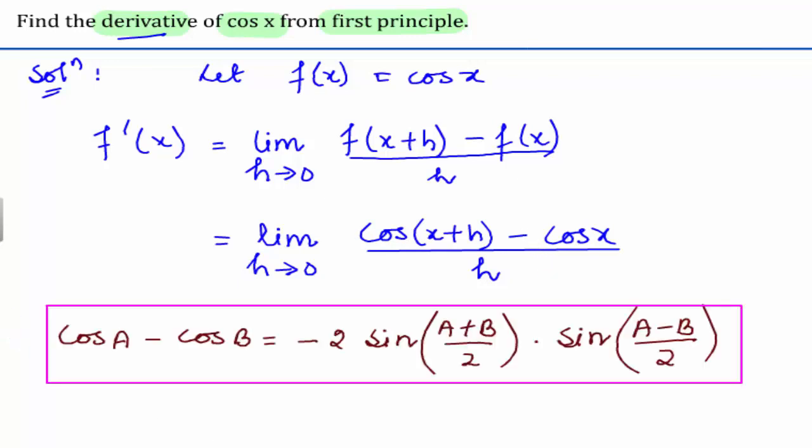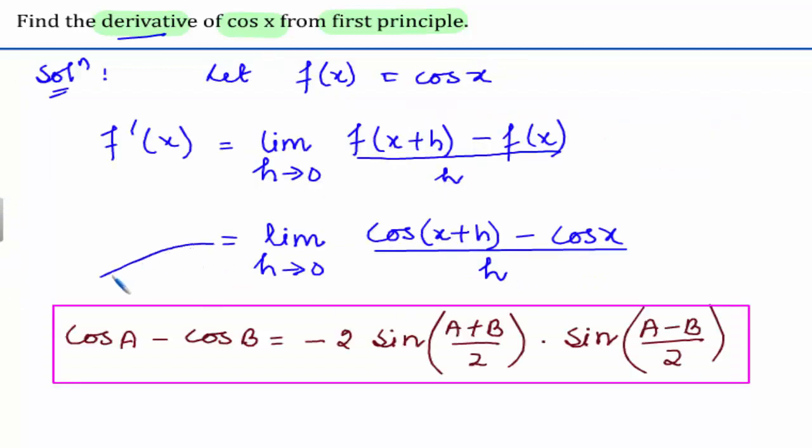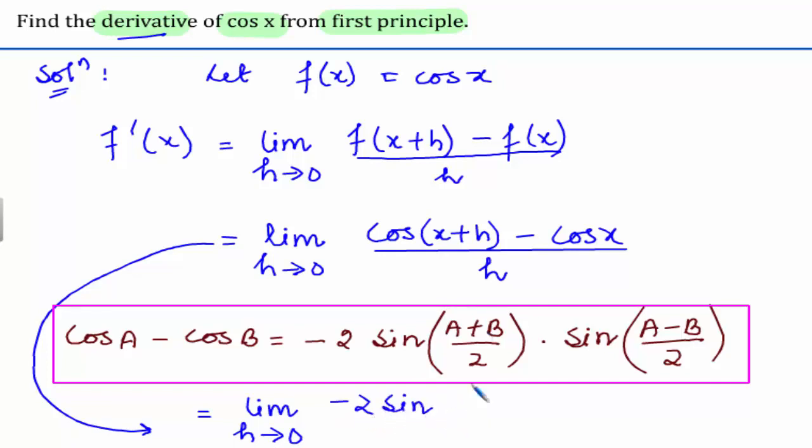Therefore, this can further be written as limit as h tends to 0 minus 2 sin of a plus b, that is x plus h plus x, that gives 2x plus h divided by 2, into sin of a minus b, so we have x plus h minus x, that is h divided by 2, and whole divided by h.